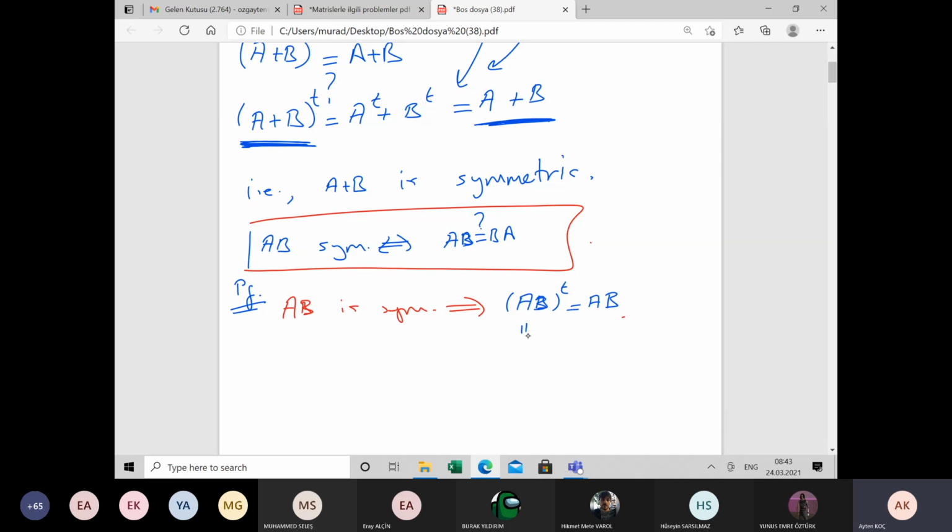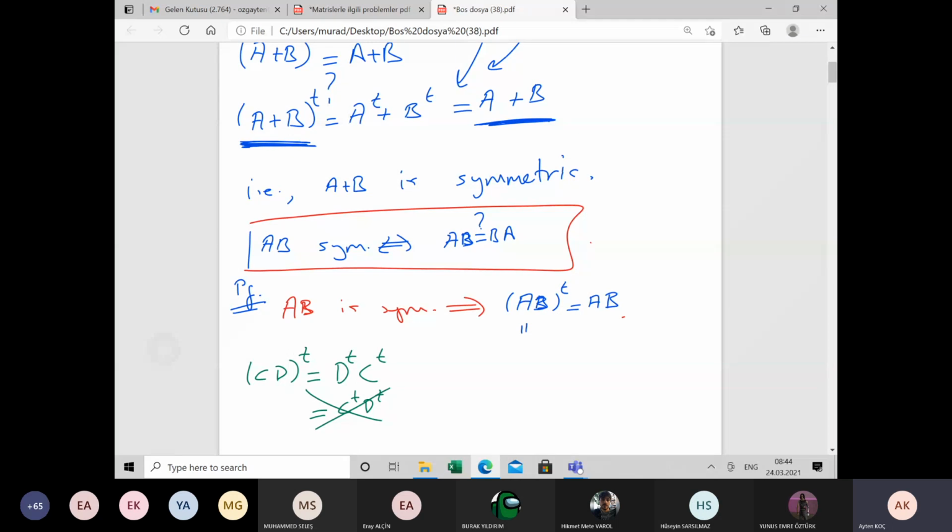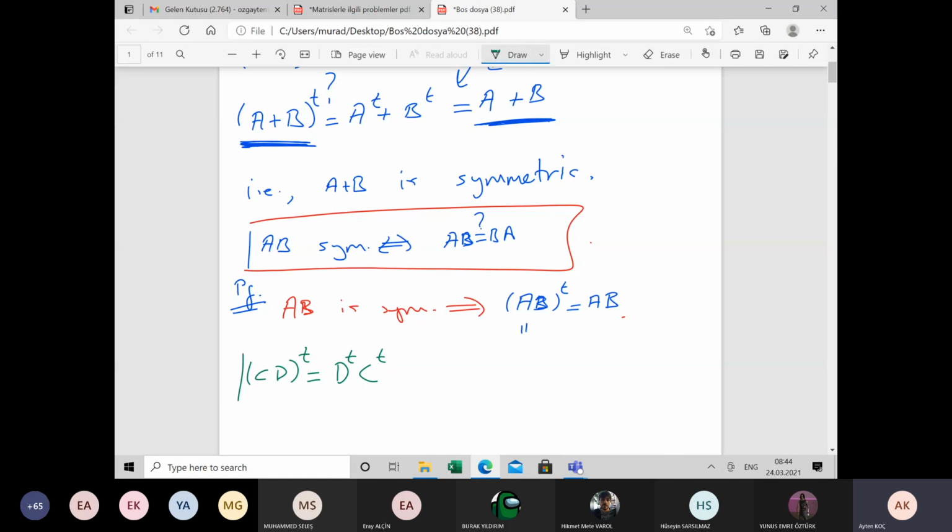In general, the transpose of CD is equal to the transpose of D times the transpose of C, because multiplication is not commutative. If multiplication were commutative, of course we could write it the other way, but it is not. So order is important. Be careful, and use this property here.